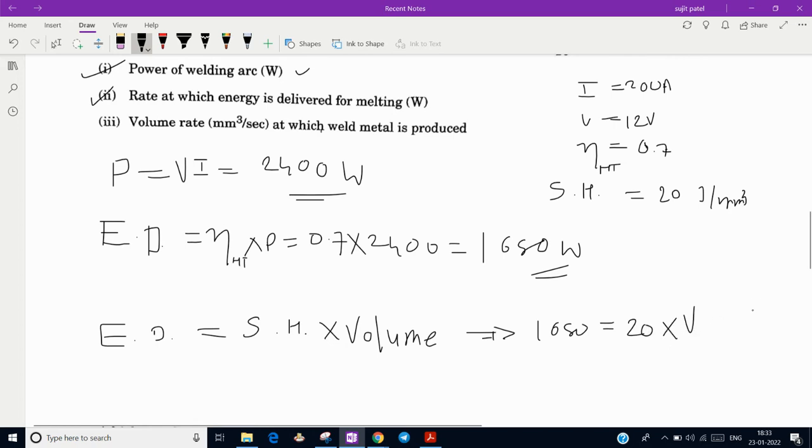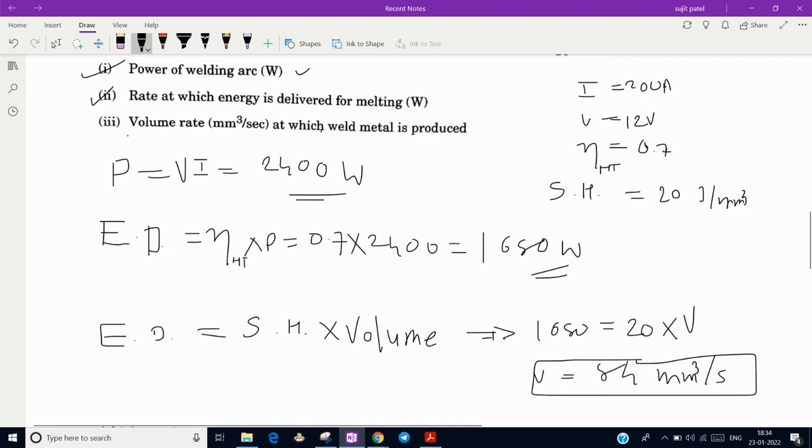So volume rate V we can find from 168 divided by 2, that is 84 mm cube per second. So this is the answer of all 3 questions.